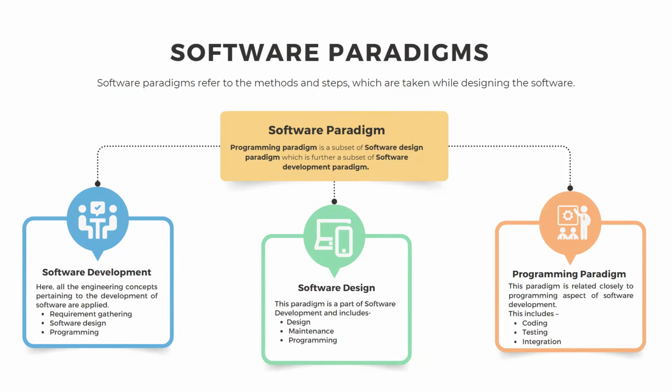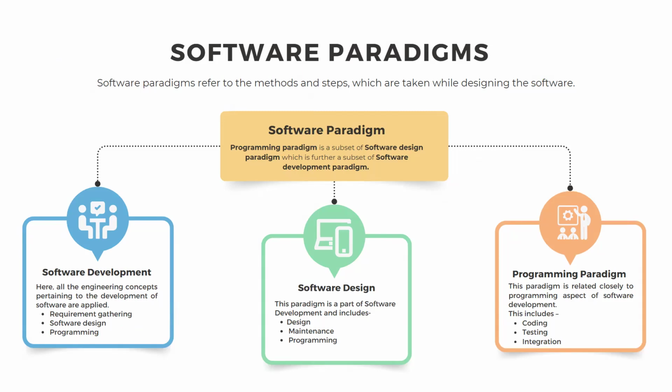A software development part, where generally the software designing team gathers or understands the requirement of the client, why a software is being designed, how they can design it, what kind of programming they require for the type of software they are going to design, which programming language will be suitable, and what approach they must use that will be suitable for the development of the software. So the software development part looks into this engineering concept.